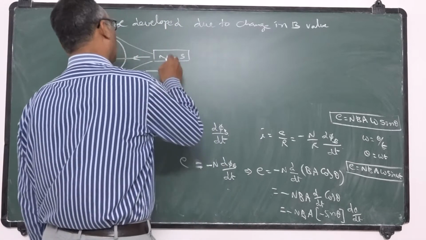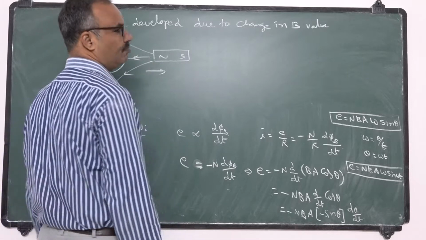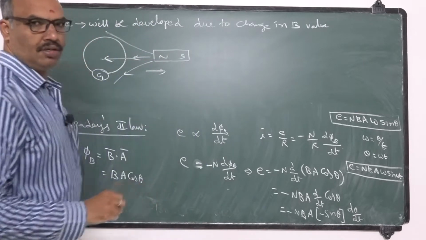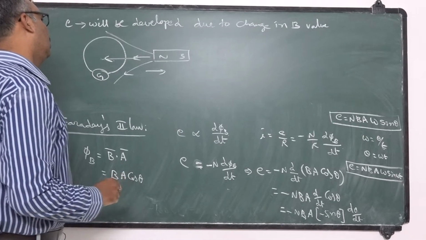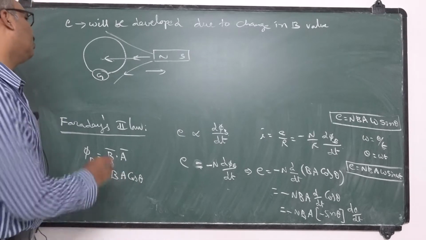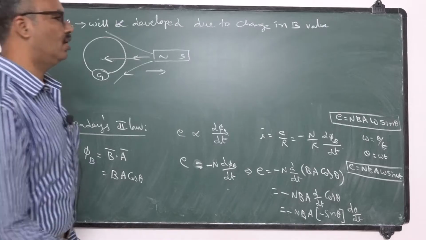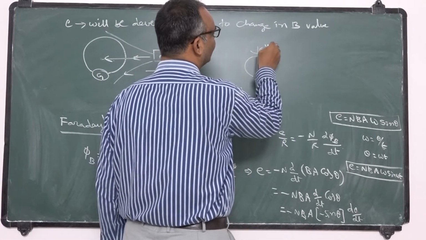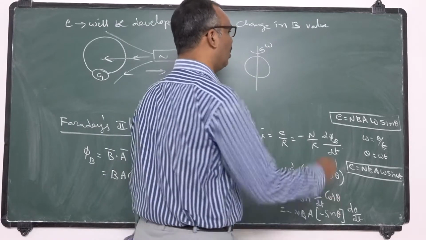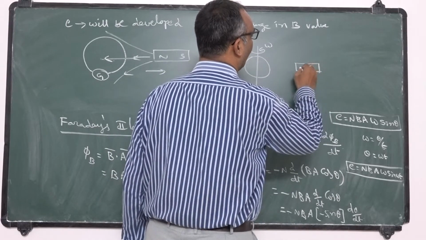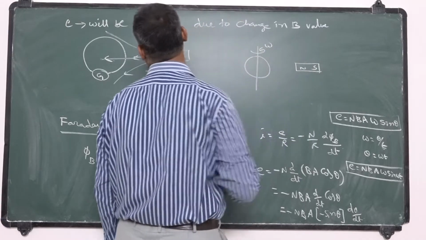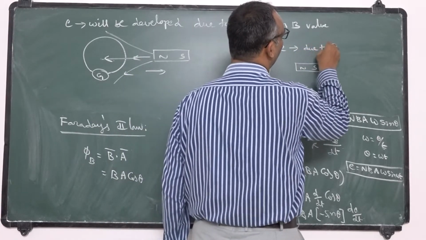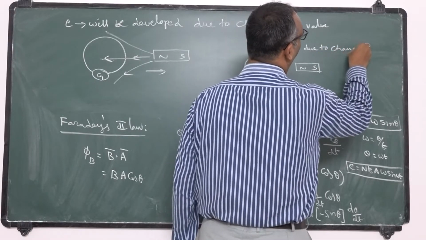Sometimes the coil is at rest, and the magnet is also at rest. Then you can expect induced EMF by changing the orientation of the coil. That means if the coil is rotating around its own axis with a certain angular velocity omega and the magnet is at rest, then EMF will also be developed, due to change in theta.